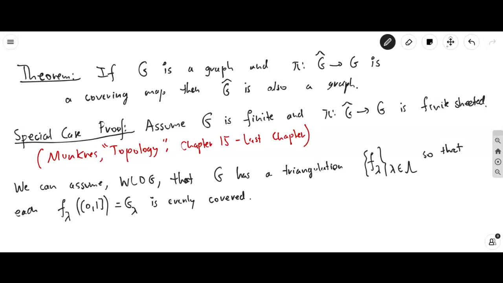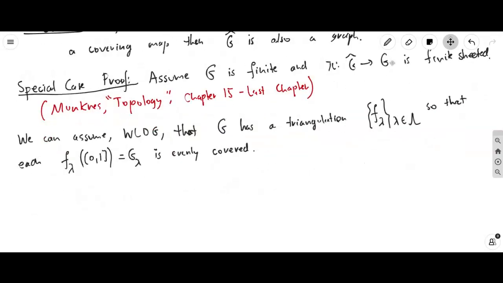The reason why we're allowed to assume that is basically a trick that we've used before. But the simple idea is this: this is our graph, and this is the interval from 0 to 1, and we have a homeomorphism F lambda onto an edge G subscript lambda of the graph.